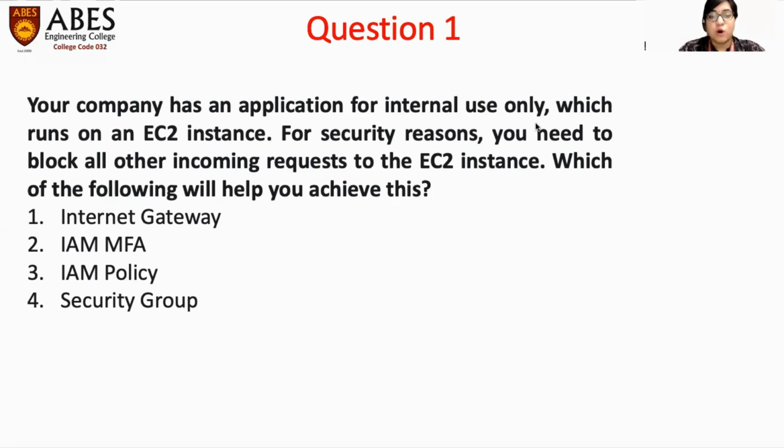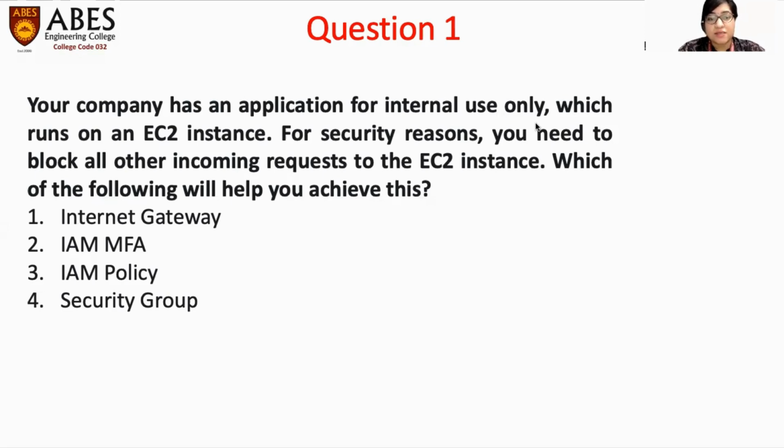To block all other incoming requests to the EC2 instance for security reasons, you should use a security group because a security group acts as a virtual firewall that controls the inbound and outbound traffic for instances within a virtual private cloud. By default, incoming traffic to an EC2 instance is blocked unless explicitly allowed through security group rules.